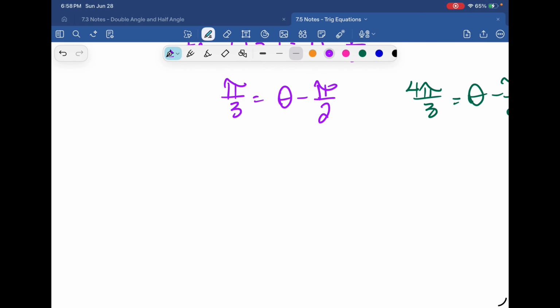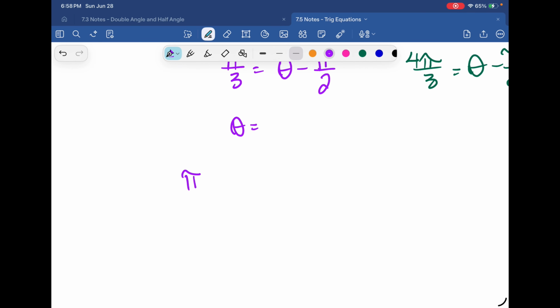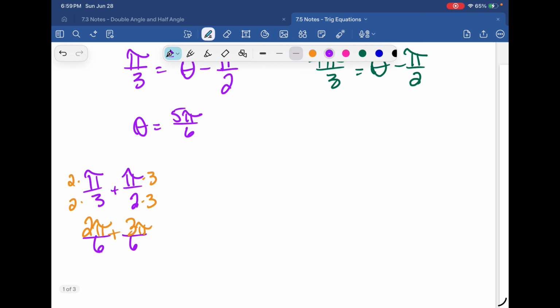Okay, now I can add pi over 2 to both of these. So if I add pi over 2 to pi over 3, just so you can see it happen, those have a common denominator of 6. Multiplied by 3. So when I add them together, I get 5 pi over 6.